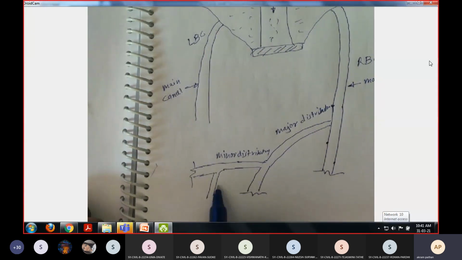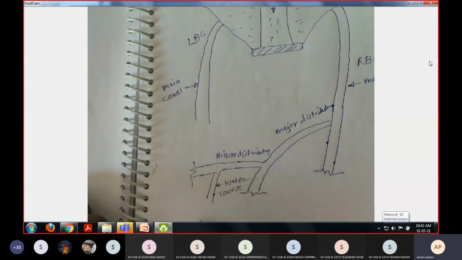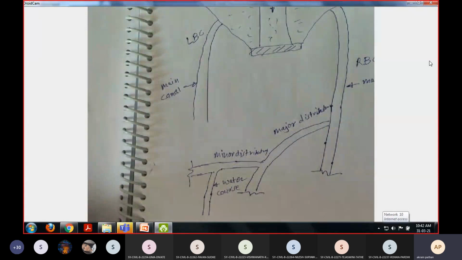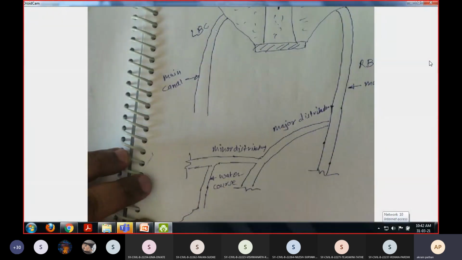Then at another section we connect another small channel, which is known as the water course. And at the end of this water course we have the field.